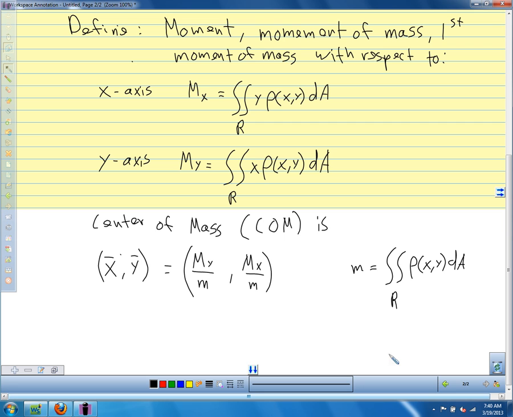So that's how we find the coordinates of the center of mass. So now we can find the center of mass of some region with a variable mass density.